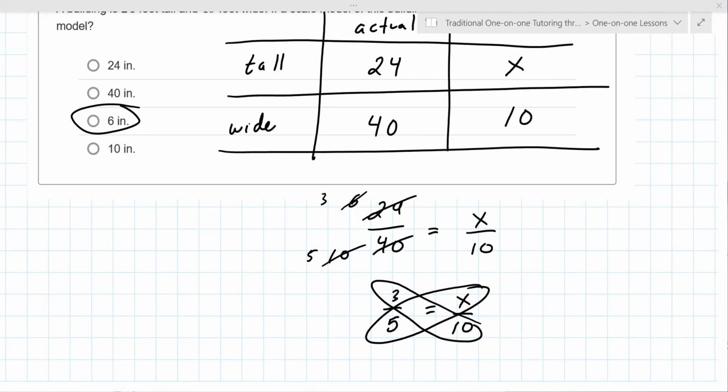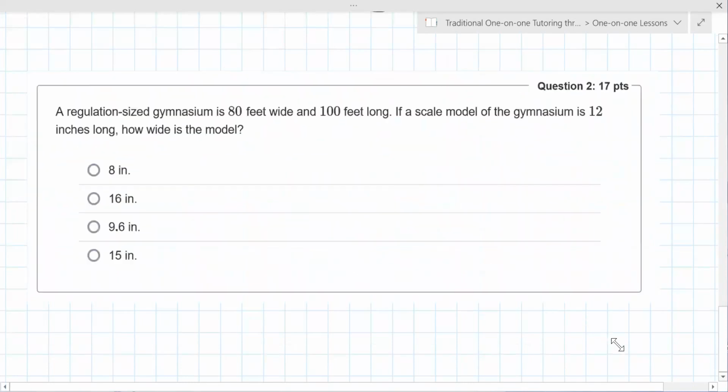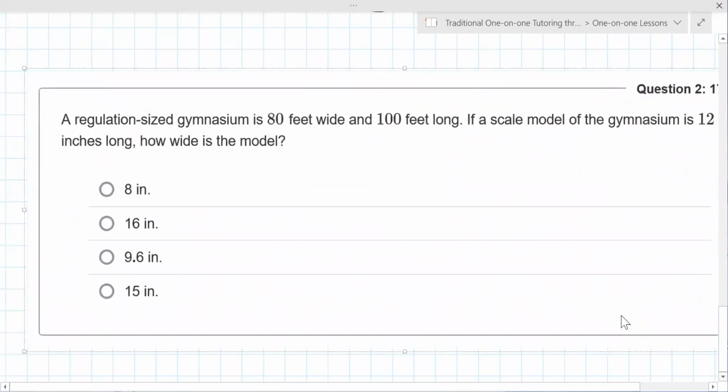Okay, so we've got one more of these story problems. It's just like the last one. We're going to make a table here again. Oops, I made that too big.